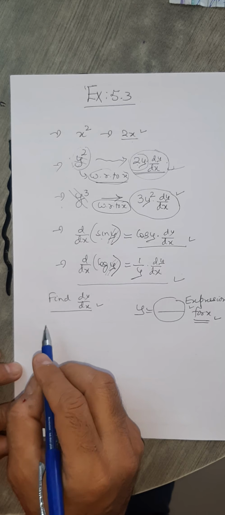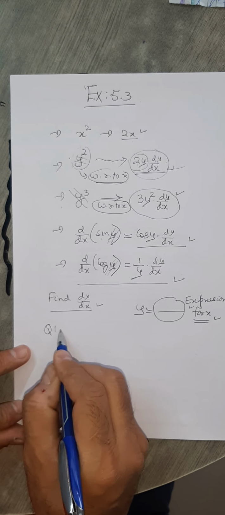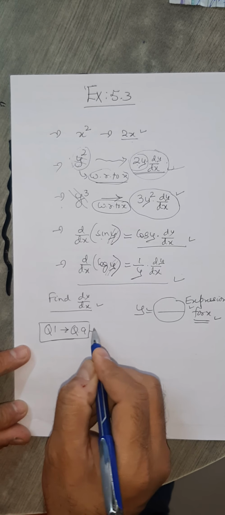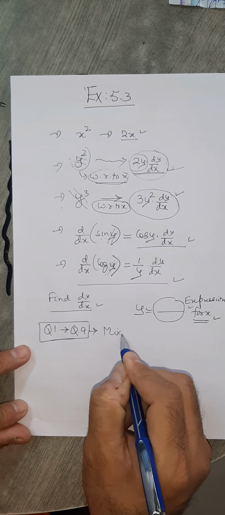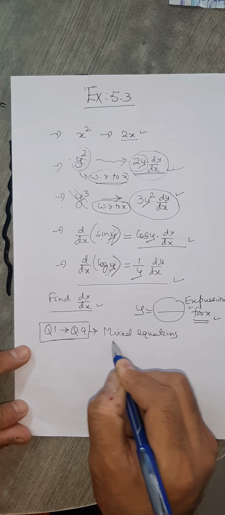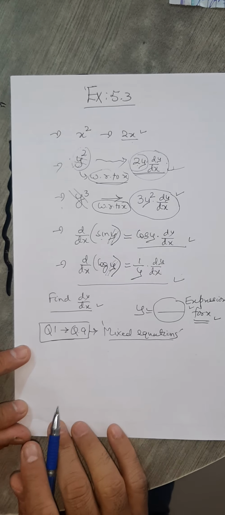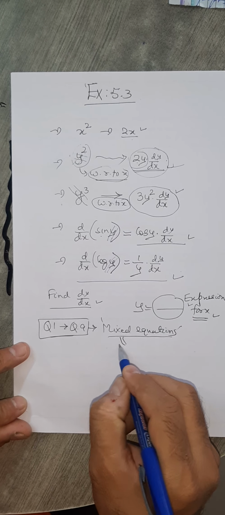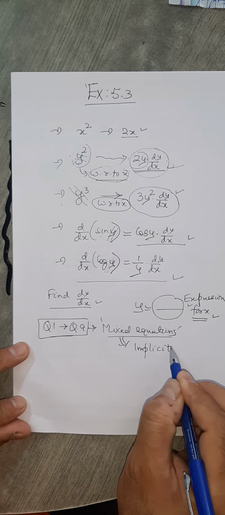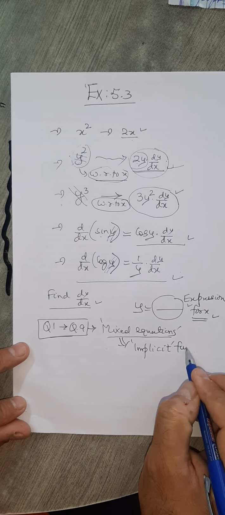If you especially see question number 1 to question number 9, these are mixed equations. Mixed equations means what? Equations about x and y. So such functions are called implicit functions.